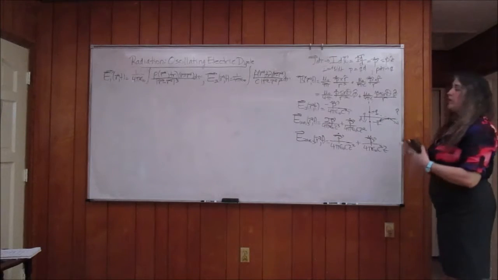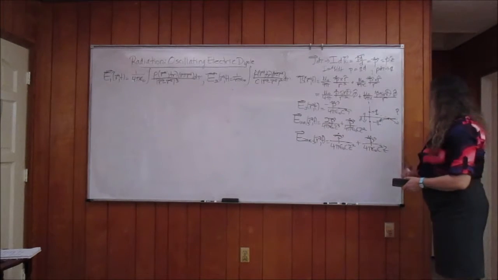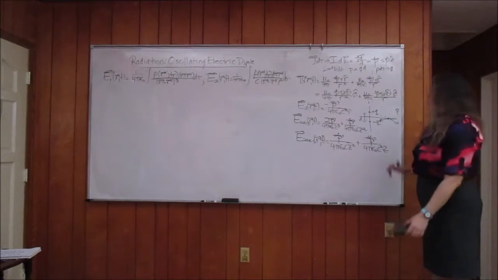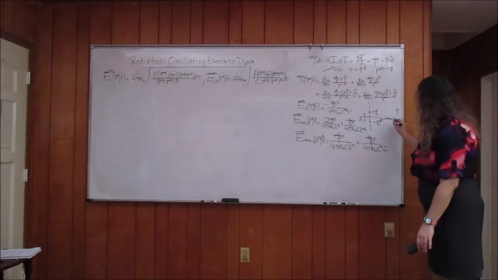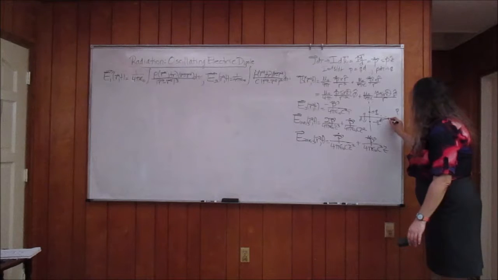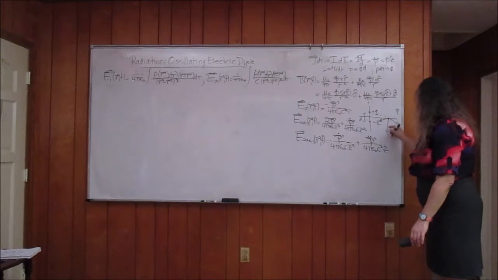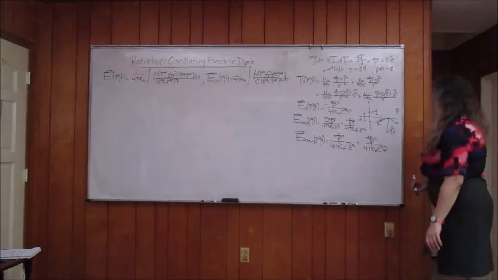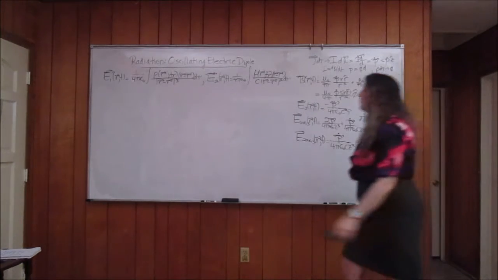Now the electric field points away from the positive charge and points towards the negative charge. So they're going to be equal in magnitude, pointing both to the left and the right. Those two components to the left and right cancel each other out, and you're going to be left with something that points straight down, and that is going to be in the theta direction when we use spherical coordinates.